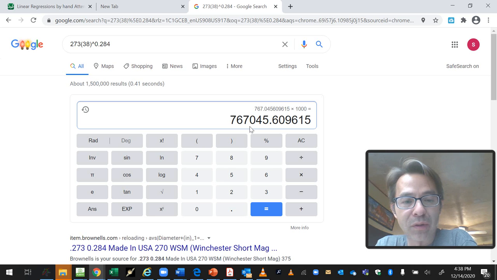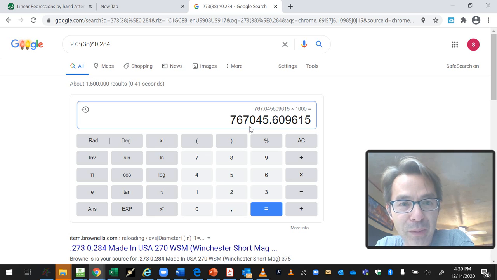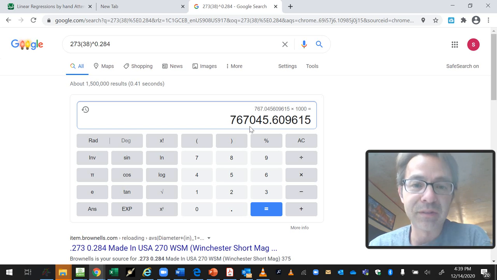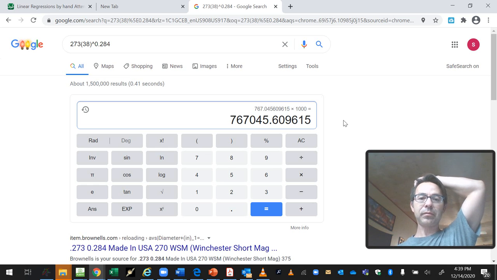So maybe if I knew how to blend a power model with a quadratic model, we'd get almost a perfect result. Maybe if we just take the average of certain models.